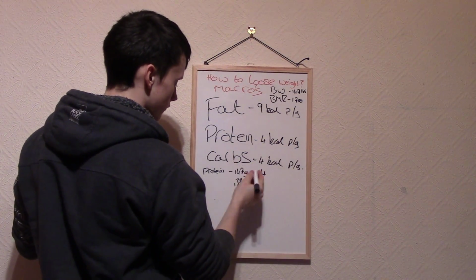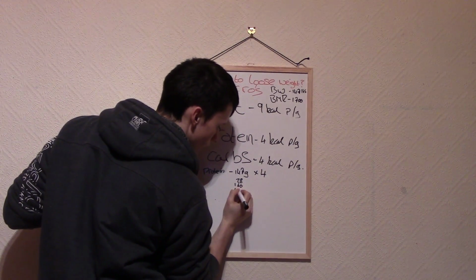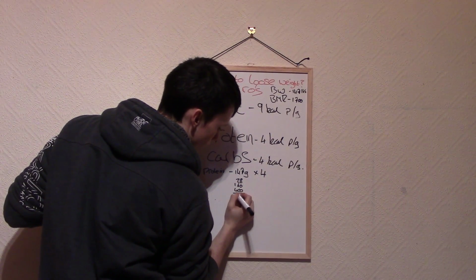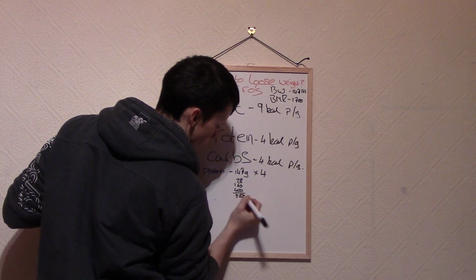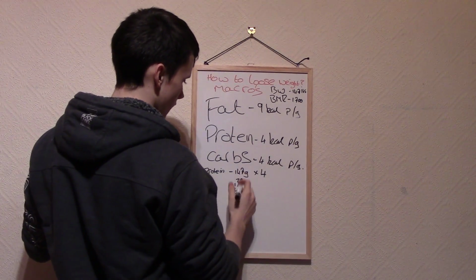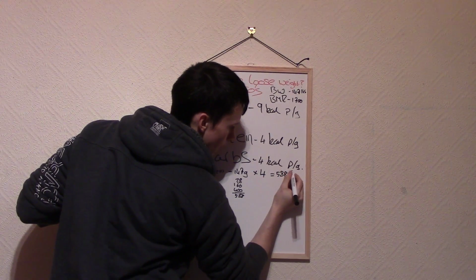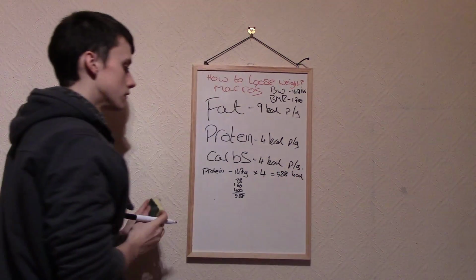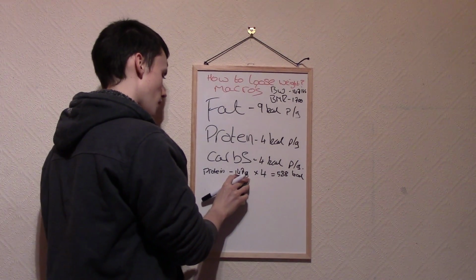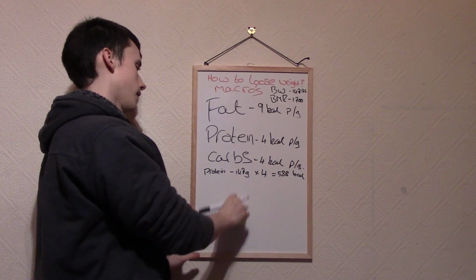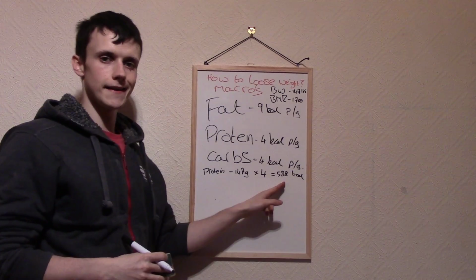And then 4 times 1, that's 400. So that equals 588 calories. So we know we need 147 grams of protein, which equals 588 calories.